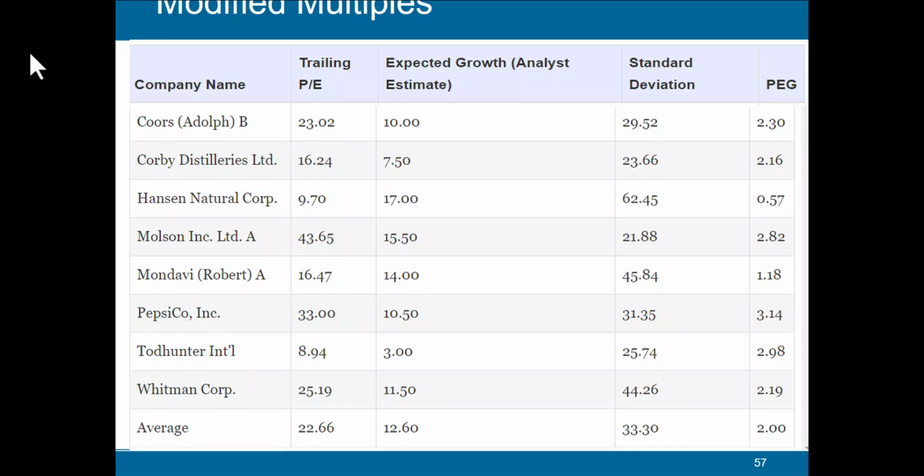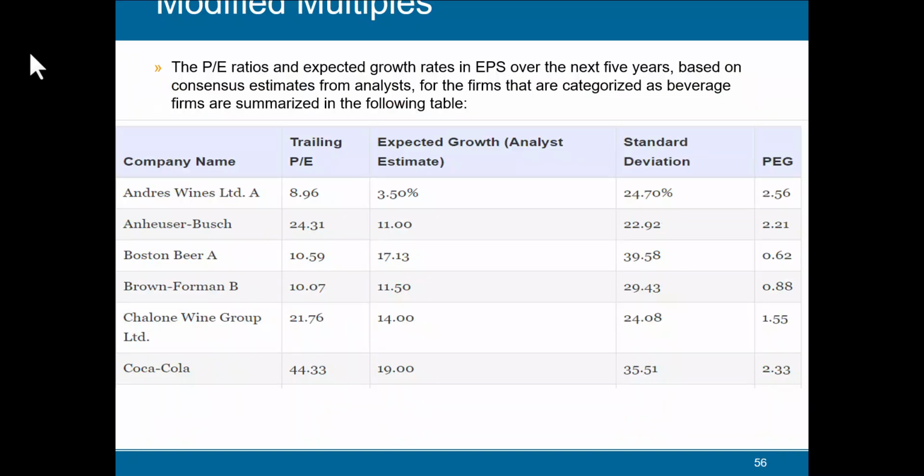Let's talk about Andrew Wines. It is less risky compared to the industry, but it is expensive in terms of valuation. People are buying it because it is less risky and pushing up the price, so it has gone to 2.56.